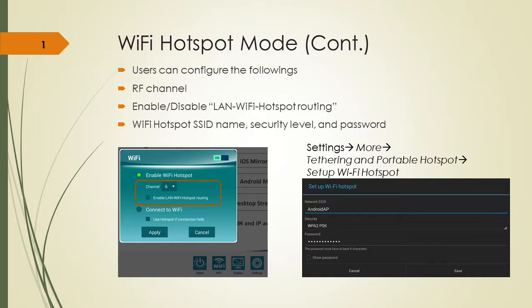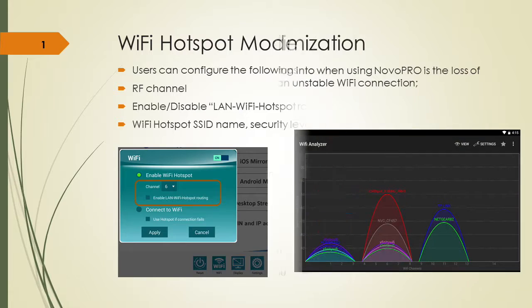Third, you can configure your own SSID and network password by navigating to the Settings page for Setup Wi-Fi Hotspot. This option allows for proper security and an easily identifiable SSID for each meeting room or classroom.